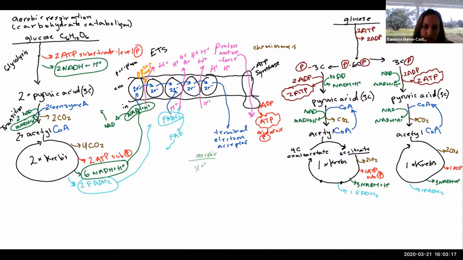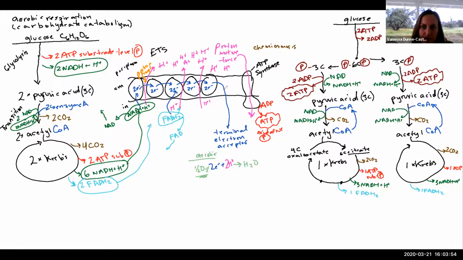So a half of an oxygen compound plus two electrons plus 2 protons generates water. All right, so in aerobic respiration, oxygen is the terminal electron acceptor.